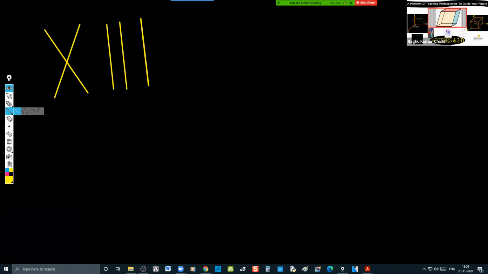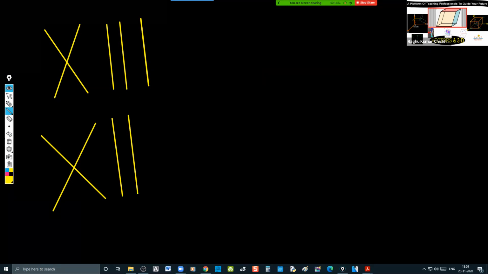In three-dimensional geometry, two lines may be intersecting each other, and two lines may be parallel to each other, which continues from 2D. Similarly, two lines may be coincident with each other. And one more extra property you get is nothing but the skew lines. What does skew line mean?